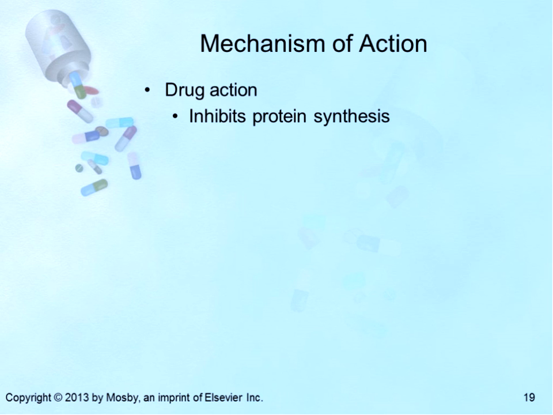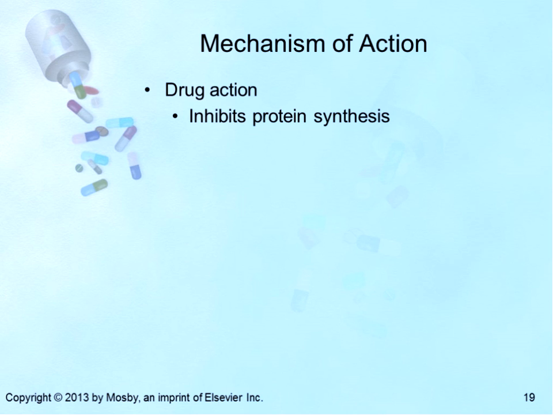Macrolides may be bacteriostatic or bactericidal. The mechanism of action involves inhibition of protein synthesis that results from binding specifically to the 50S ribosomal subunit. This causes the RNA to dissociate from the ribosome and prevents protein synthesis.